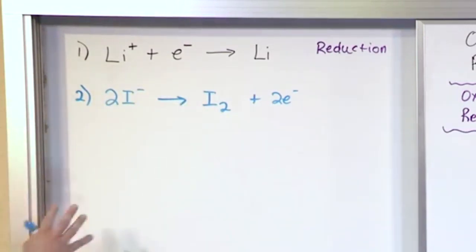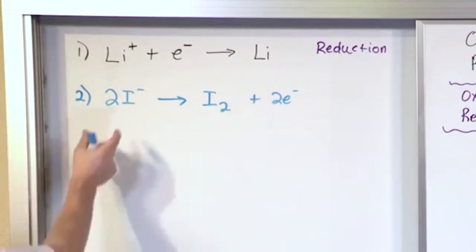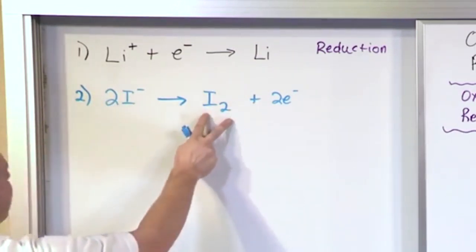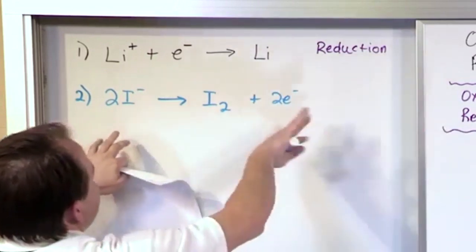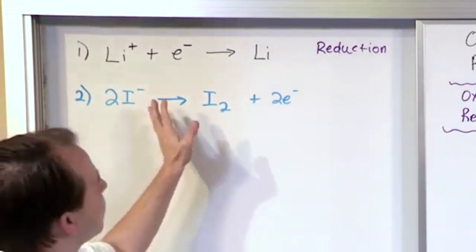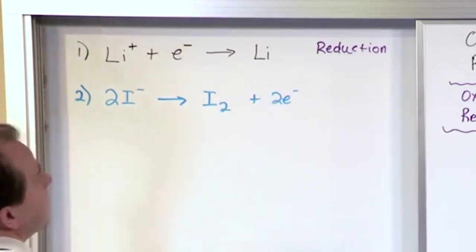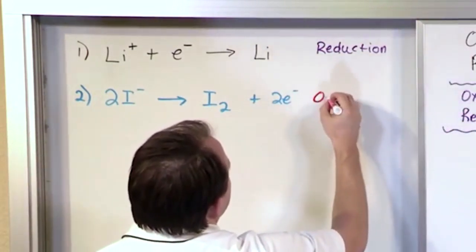So what we have to figure out from the reaction here is, is this oxidation or is it reduction? Well, we end up with a neutral species, but what ends up happening is some electrons split off from the original ion we start with. So some electrons are leaving the scene of the crime, so to speak. So we're losing electrons. And because we're losing electrons, this is called an oxidation process. And you can see that from over there. So oxidation.